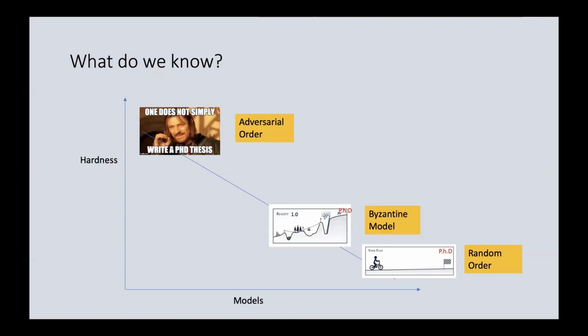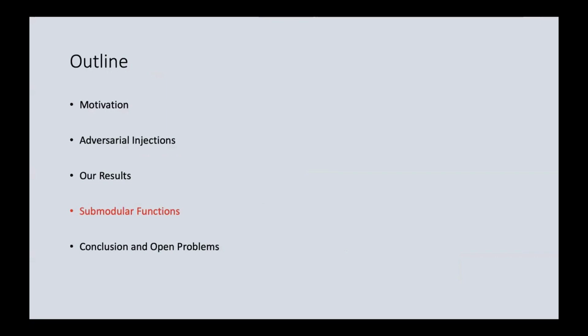The Byzantine model is reality 1.0, and it lies somewhere between the adversarial order and the random order. The adversarial injections is reality 2.0, and it's harder than the Byzantine model, but still easier than the adversarial order. Now we move to the main focus of this talk, which is submodular functions.